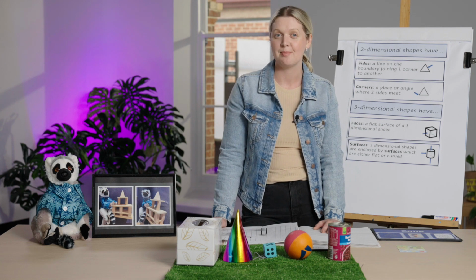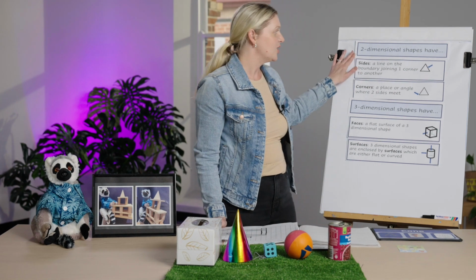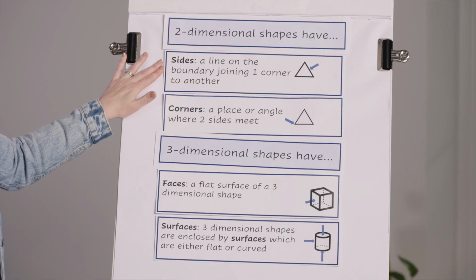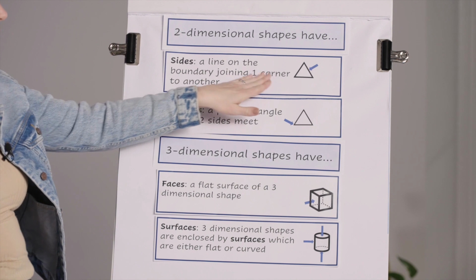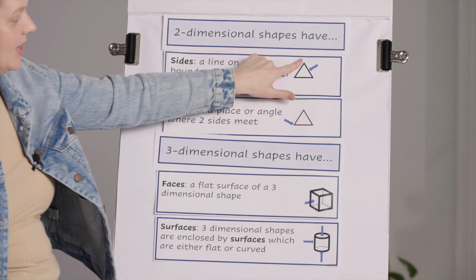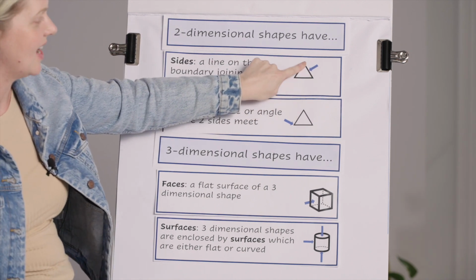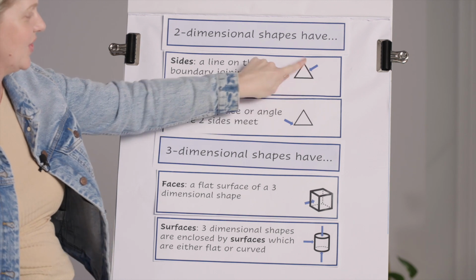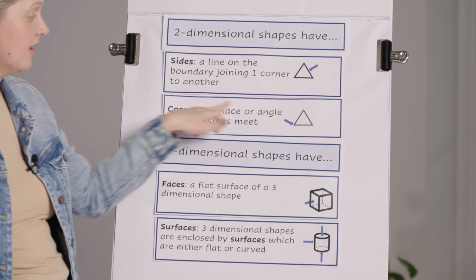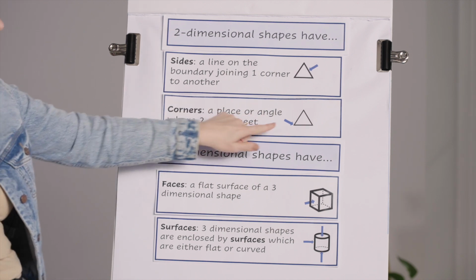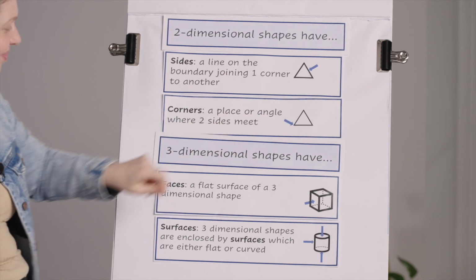Now you may have joined me in Lesson 61 when we learnt the difference between 2 and 3-dimensional shapes. 2-dimensional shapes have sides, which are a line on the boundary joining one corner to another. So here on the triangle we can see the sides here: 1, 2, 3. They have corners, which are a place or angle where two sides meet. Here's a corner.